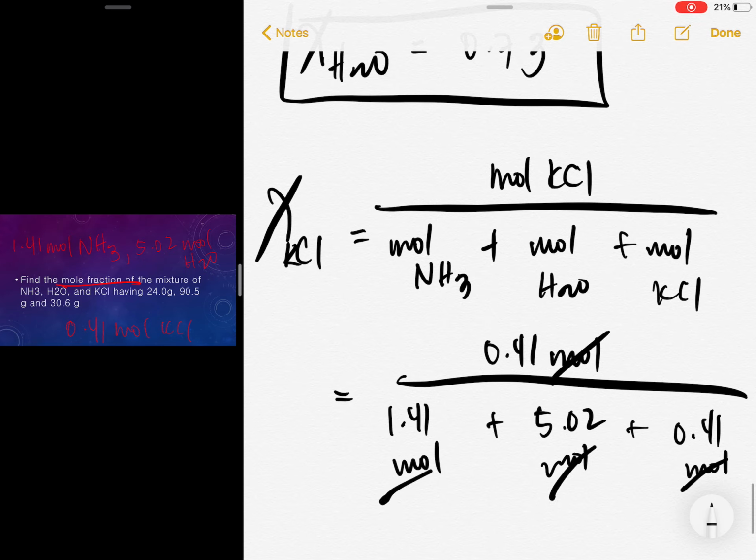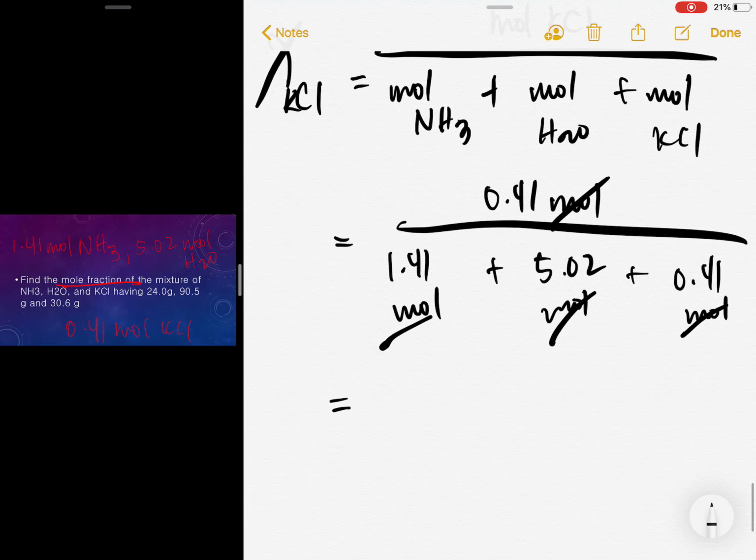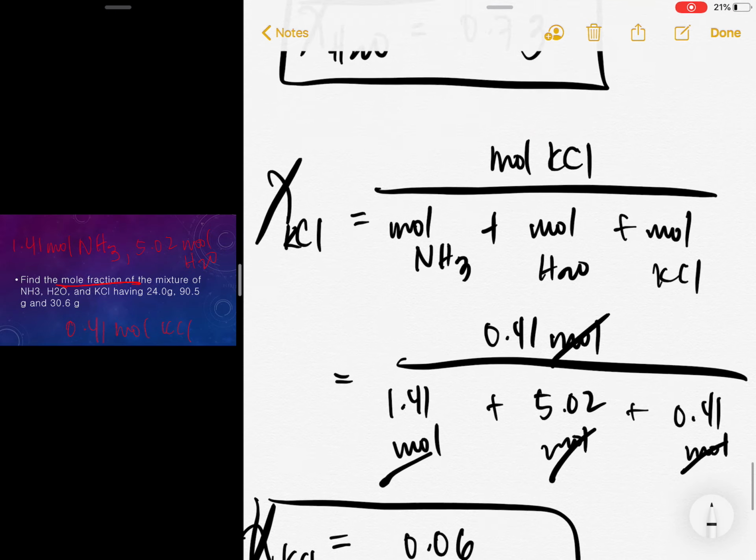So, magka-cancel yung units. Input yung value sa ating calculator. So, the answer is, what's the answer? The answer is 0.06. So, this is the mole fraction of your potassium chloride.